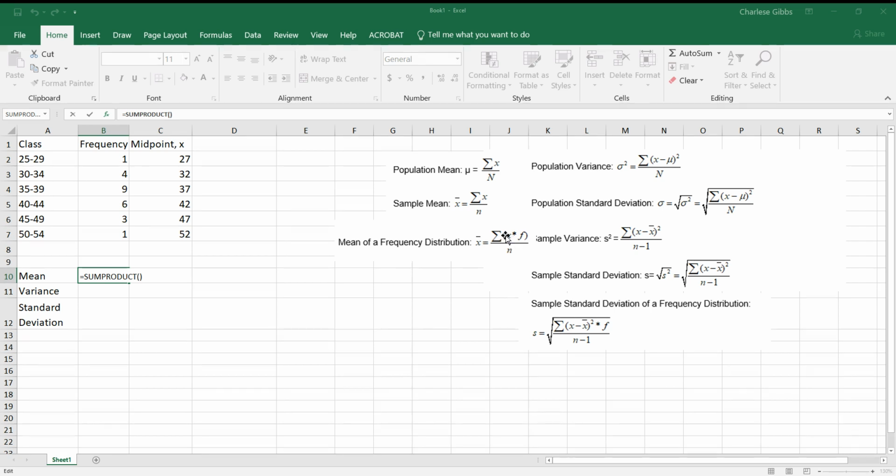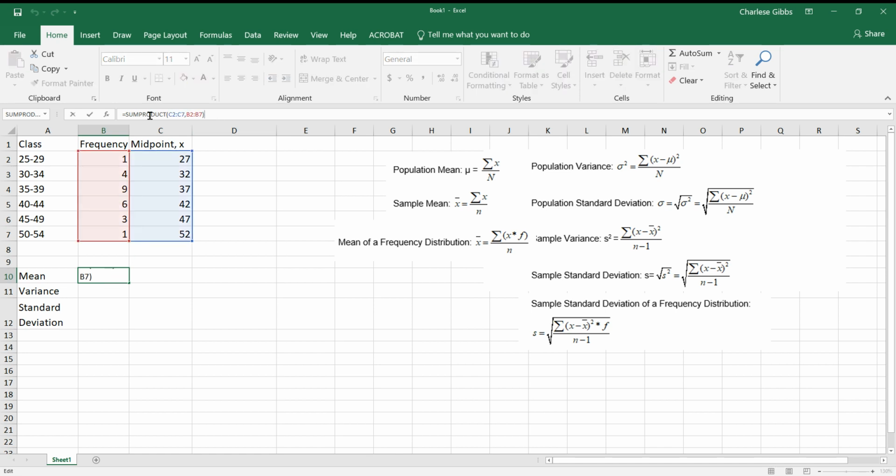We're going to put our x's in first in array 1. Array 2 is going to be our frequency. I'm going to hit OK.